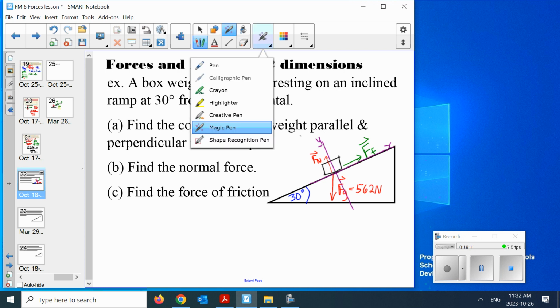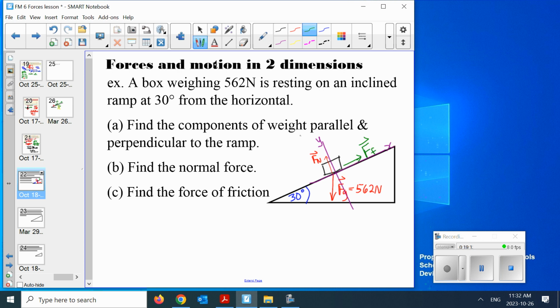What I'm really thinking here is that this weight force, with my angled xy axis, has an x component and a y component. So what I'm going to do here is use this pen again.